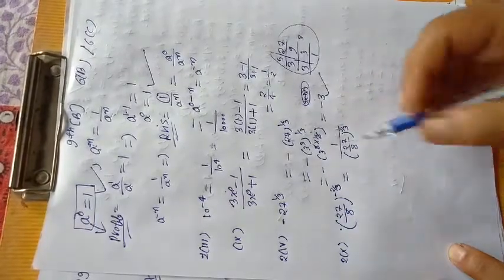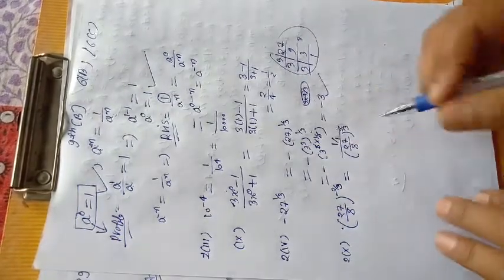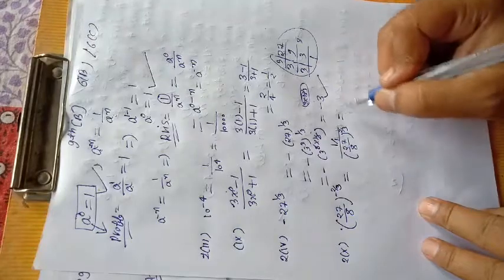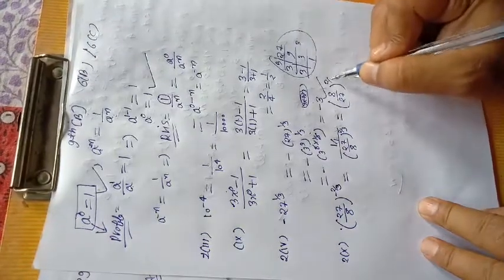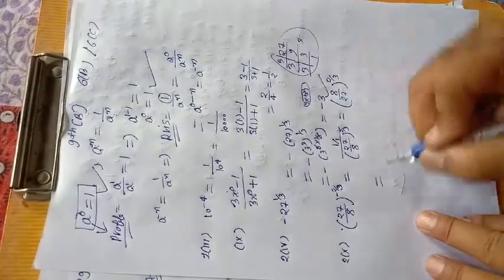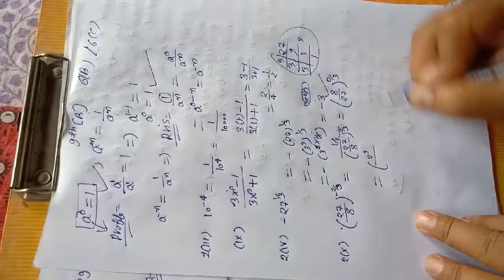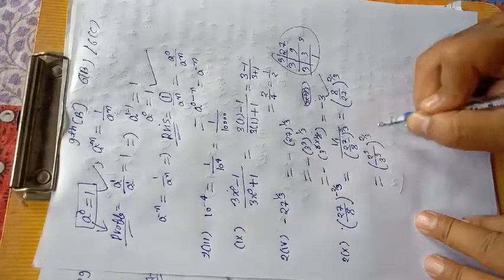Okay, now fraction upon fraction: take the reciprocal and multiply. So this equals the reciprocal, 8 upon 27 to the power 2 upon 3. Now we know that 8 equals 2 to the power 3, and 27 equals 3 to the power 3, whole power 2 upon 3.